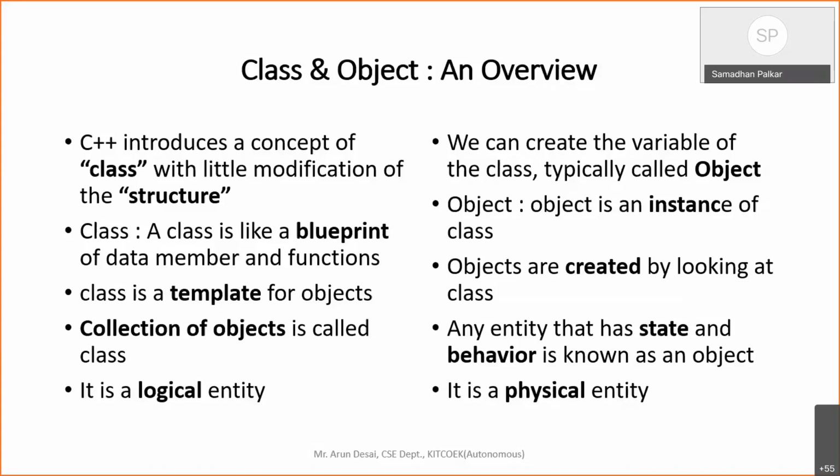If I'm talking about a variable, what value that variable holds is the state of that variable. Just like that, the state of an object is whatever values are stored in that object, and what operations you are going to perform using it is called the behavior of that object.